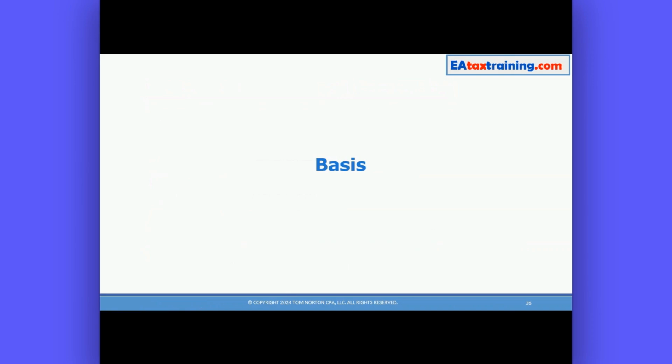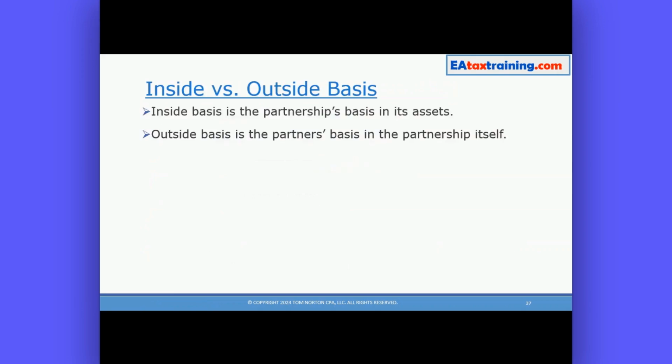Now let's talk about basis. When we talk about partnerships, we talk about two different types of basis, inside basis and outside basis. It is important that you understand the difference. It's not complicated, but you do need to know the difference. The inside basis is the partnership's basis in its assets.